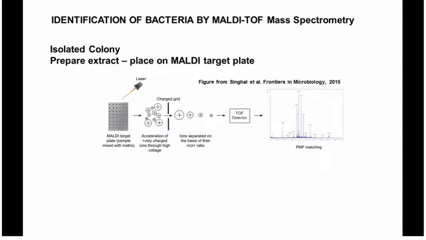So for a clinical lab, it might be very important to get the identification of the bacteria very fast. So the clinical bacteriologist can tell the hospital department, okay, your patient has got Staphylococcus aureus, or your patient has got Listeria, or your patient has got Shigella, or whatever, okay?